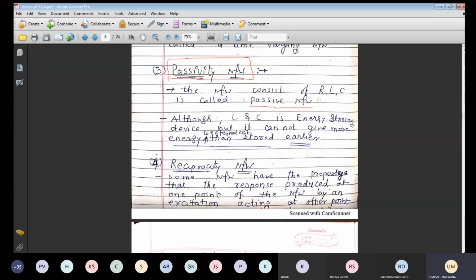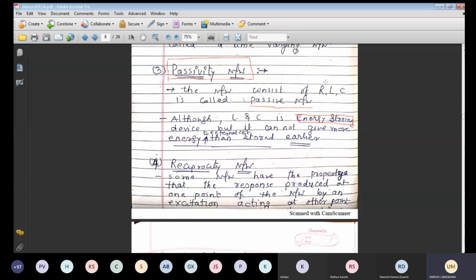Now the question may arise in your mind that we know L and C are energy storing elements, right? So when we apply voltage to the inductance or the capacitor, it stores some energy. But I am saying that RLC is passive.